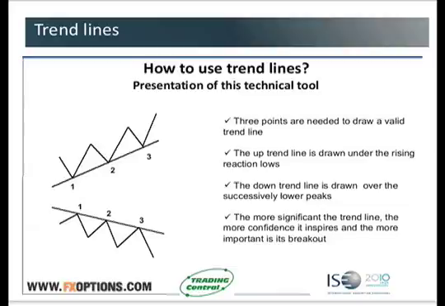3 points at least. Okay. 3 points at least are needed to draw a valid trend line. Because if you draw a trend line with only 2 points, it's not a valid trend line, but a tentative trend line position.